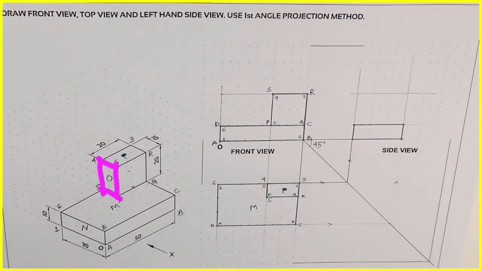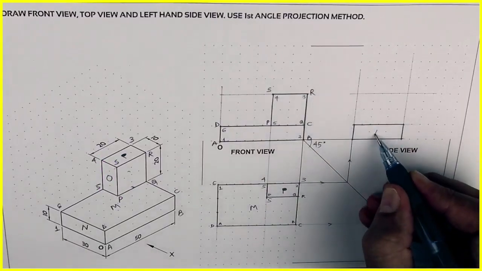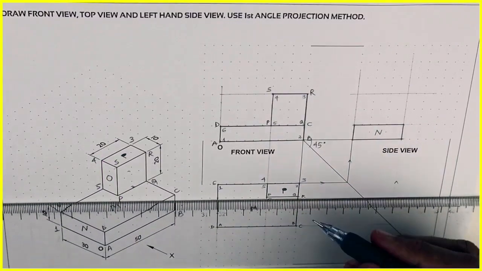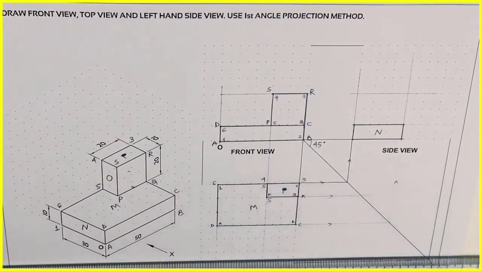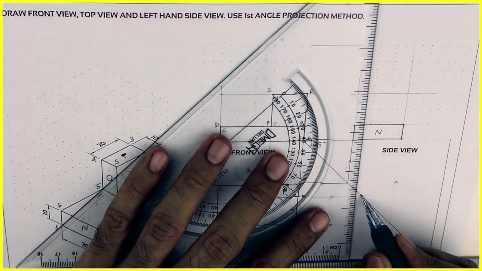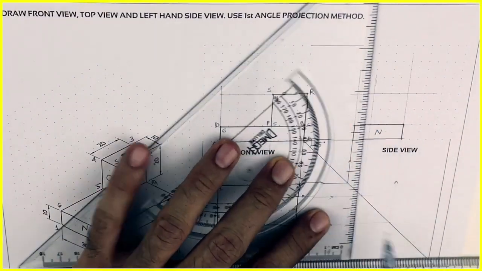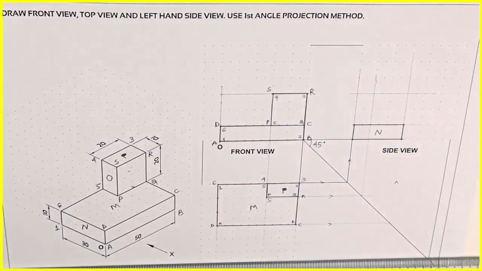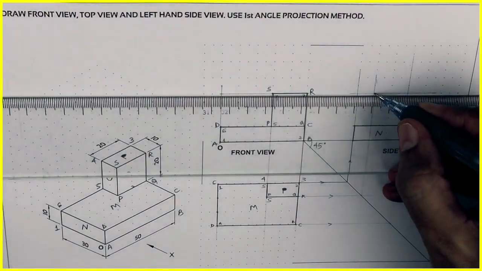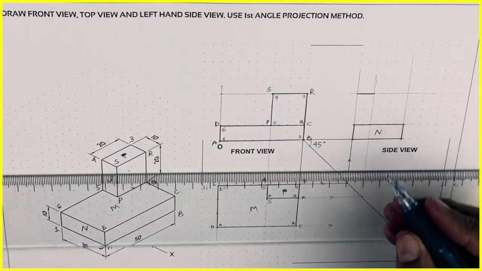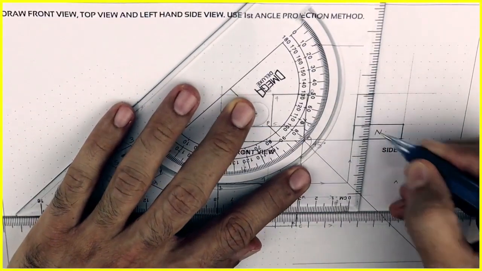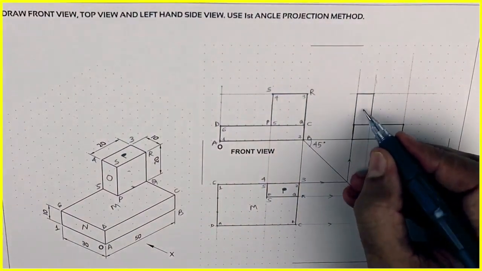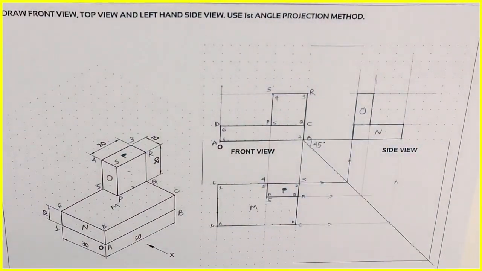Now O. For O we can take 10 mm. This is N. See, or we can take lines from top view. This will be the best way to do it. Instead of taking dimension, you can take it from top view. So this will be 10 only, because we have taken 45 degree for projection, and we got side view as well, which is part O and N.